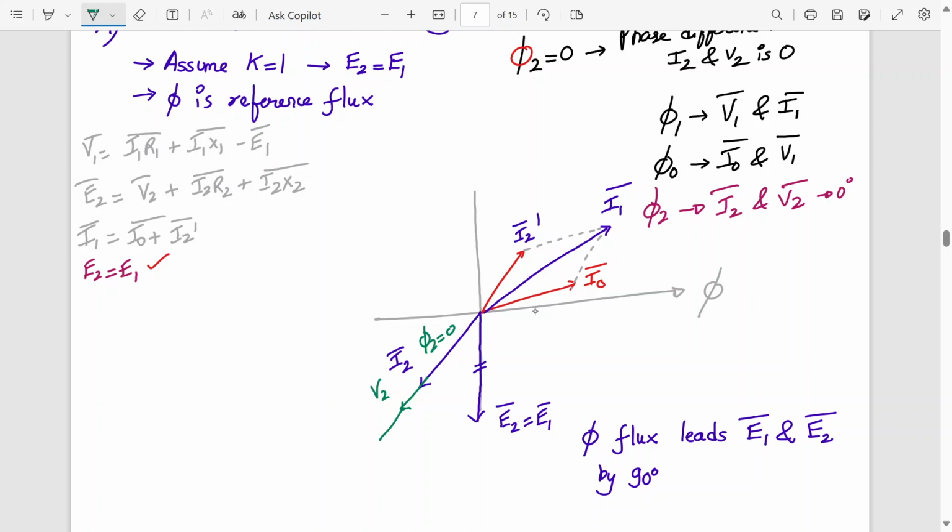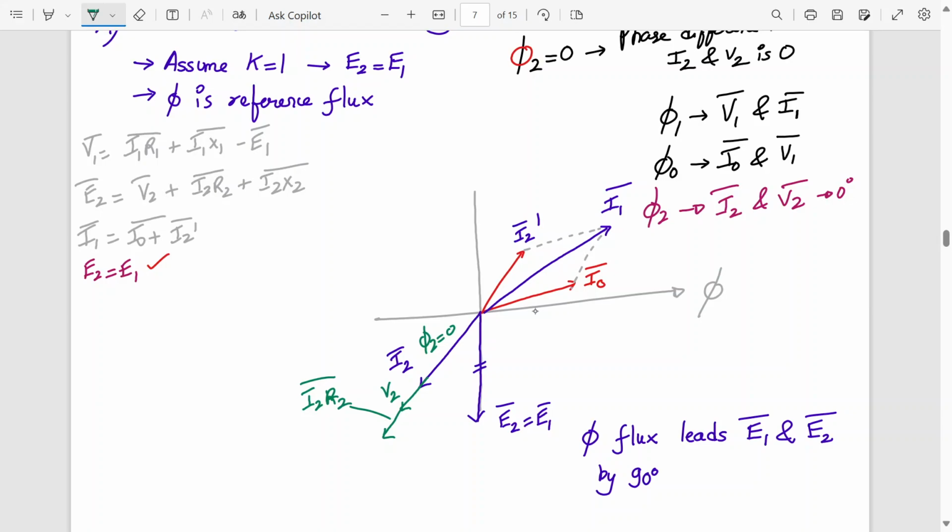If I extend it further like this, this part will be I2 R2, this voltage drop, on the same line. Let's say this is V2, and if I extend it ahead, this part becomes I2 R2.